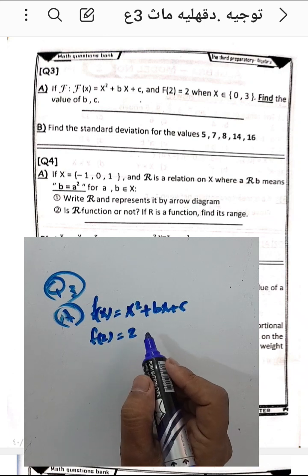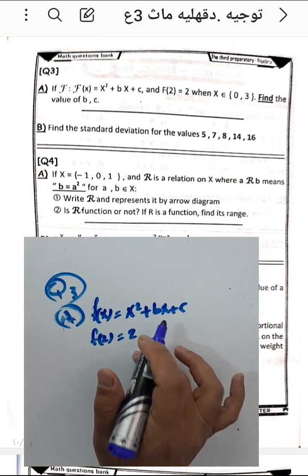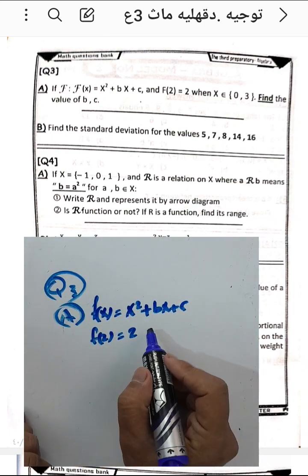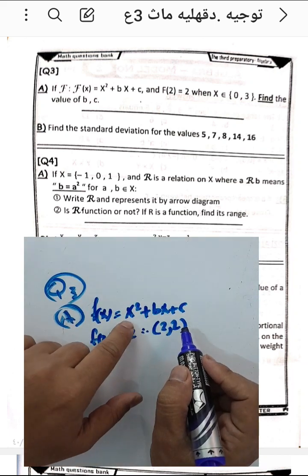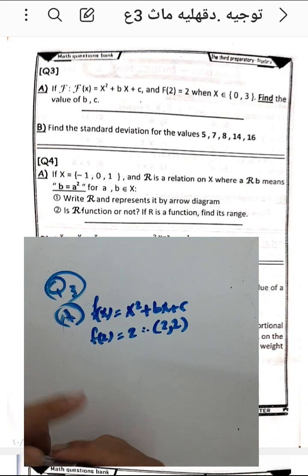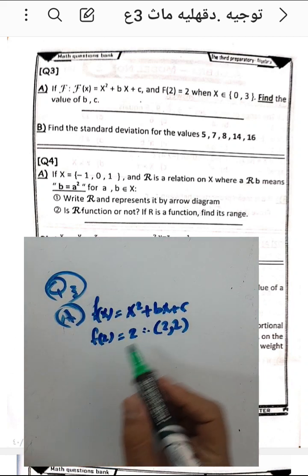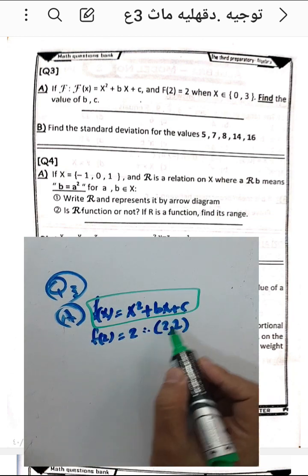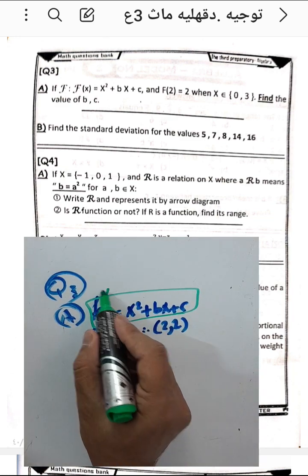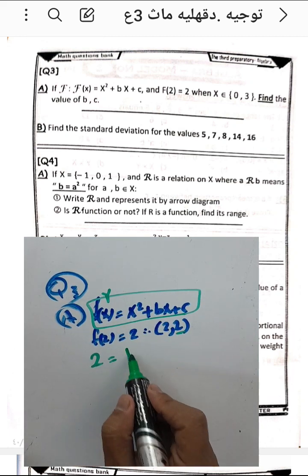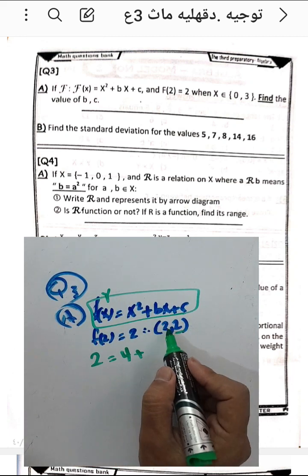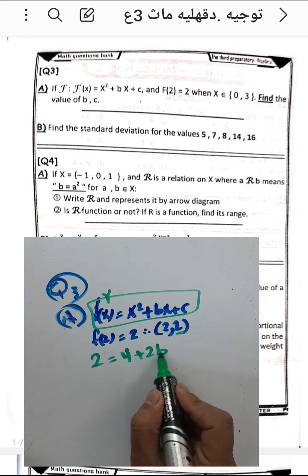Okay, we have here f of 2 equal to 3, meaning the point 2 and 3 satisfies this function. Okay, we can find the first relation in this function. F of x means y equals 3 and x equals 2, so 2 power 2 will be 4 plus bx, but x equals 2, so 2 times b will be 2b plus constant.